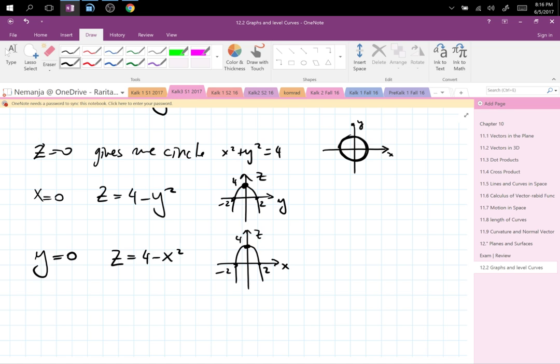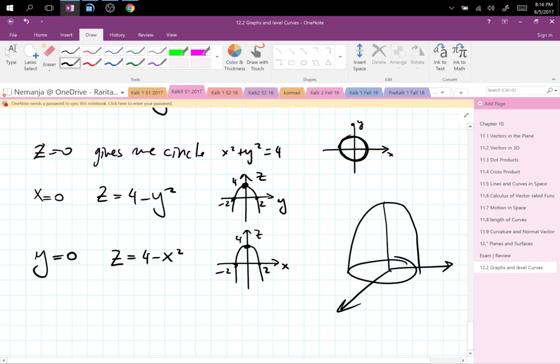So now what I do is I draw a paraboloid that goes from 4, that looks like a 9, so I'm going to fix that. It's a paraboloid that will go forever downward, and it starts at the top of 4.